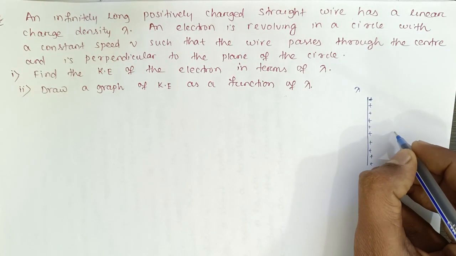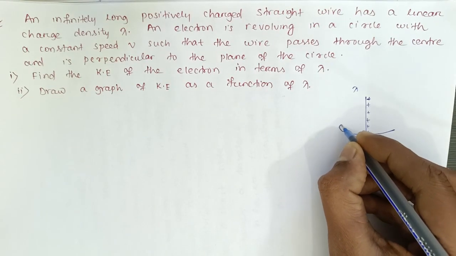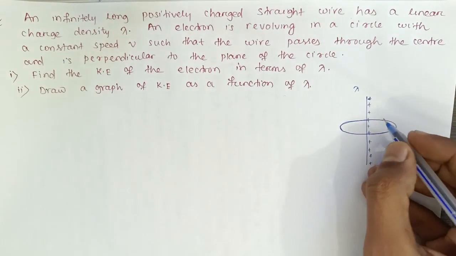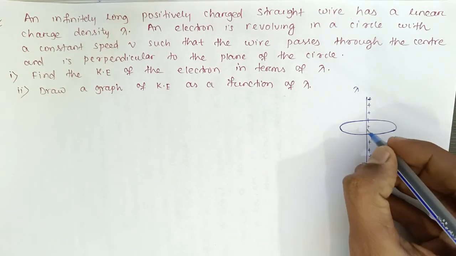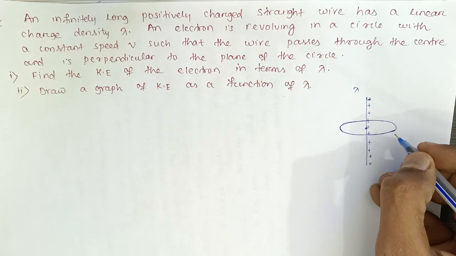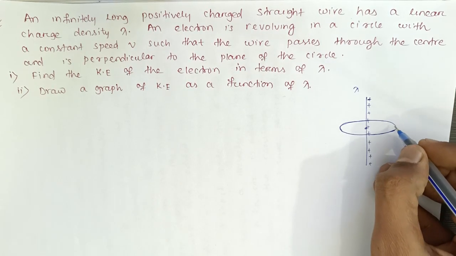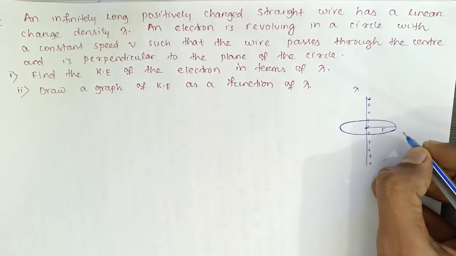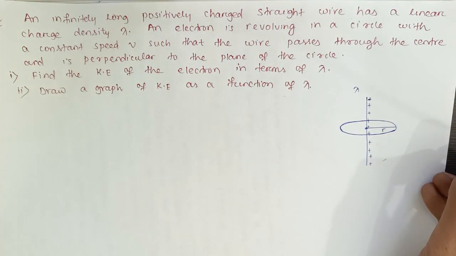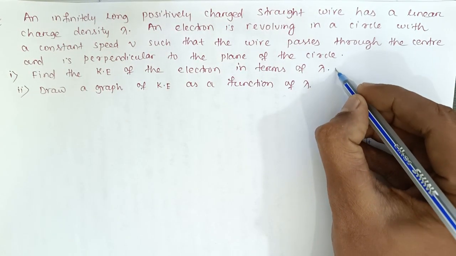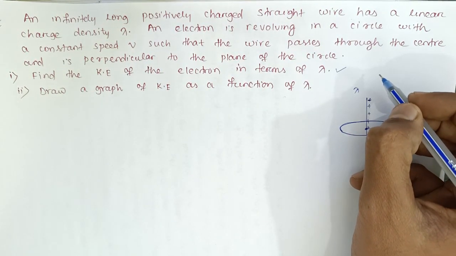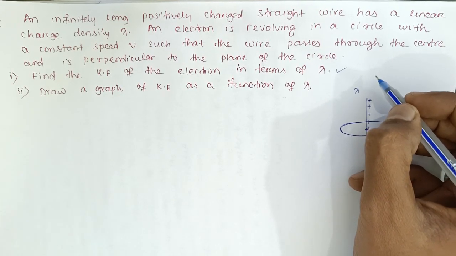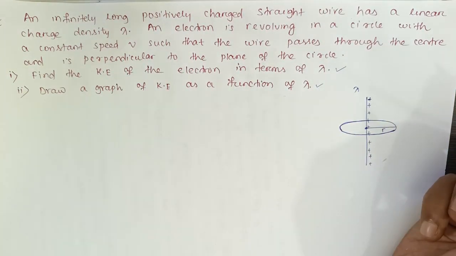So the electron is revolving around this charged wire like this. This is the circular path in which the electron is revolving, and you can see that this wire is passing through the center of the circle and it is perpendicular to its plane. Suppose r is the radius of the circle in which the electron is revolving. So we have to first find the kinetic energy of the electron in terms of lambda, and then we have to draw the graph of kinetic energy as a function of lambda.